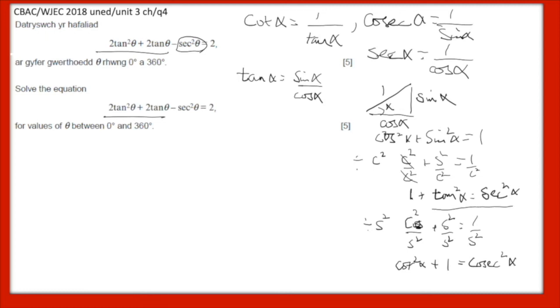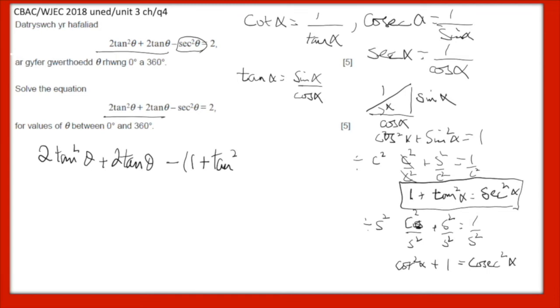But clearly what I need in this particular case is that one there, because now I can make my equation work much better than it did before. So instead of having 2 tan squared theta plus 2 tan theta minus sec squared, I can replace that by 1 plus tan squared, because I have actually just developed that particular thing, and that's going to be equal to 2.